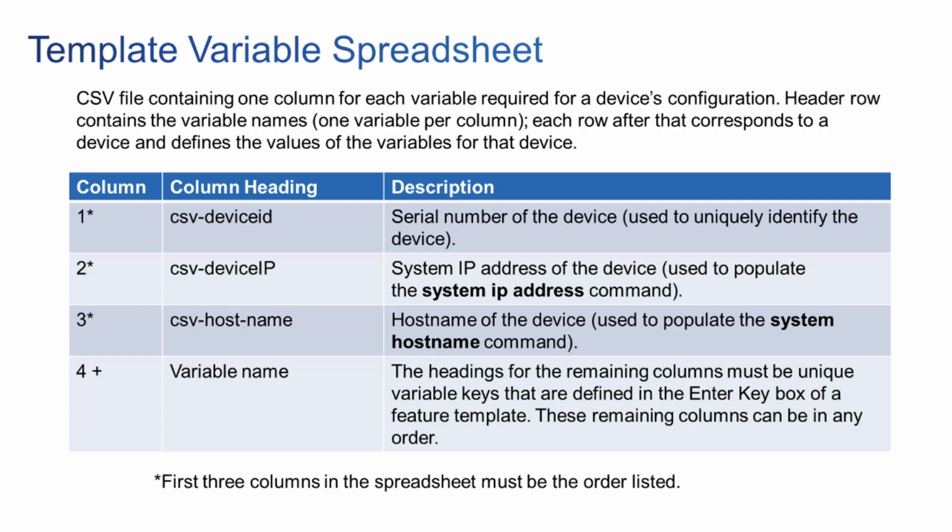It could include vEdge routers, vSmart controllers, vBond orchestrators. We don't need to specify values for all of the variables for all the devices. So if I have a CSV file, for example, that has 10 or 15 different variables, some of the variables might apply to a vEdge device, some might apply to a vSmart controller.